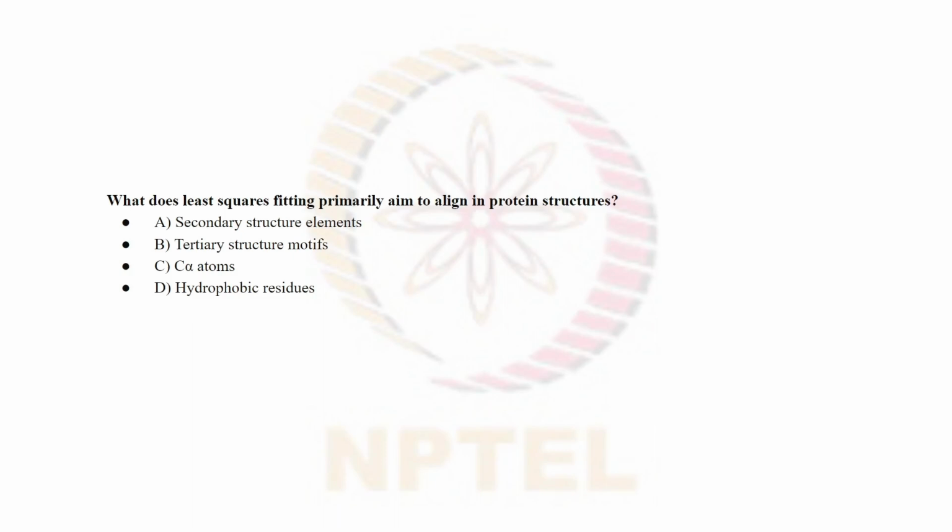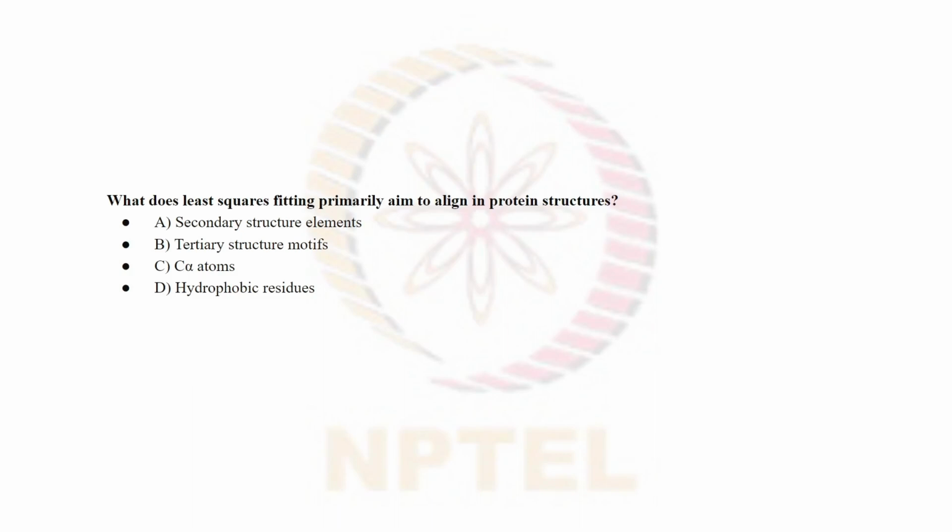Any answers for this? Okay. Least square fitting aligns by finding the best possible match for their C alpha atoms.